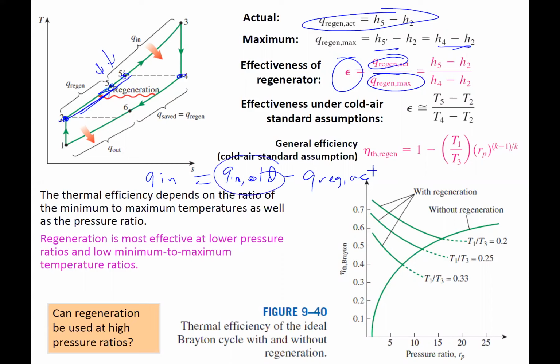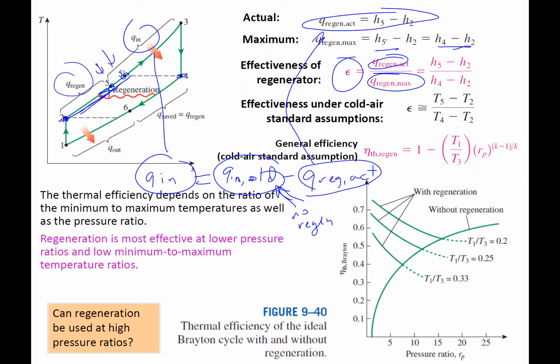So from no regen, this is our Q in that we have right here. And then this is our Q regen right there. All right, put in Cp, we get this, and cancel Cp. We can do our equations.